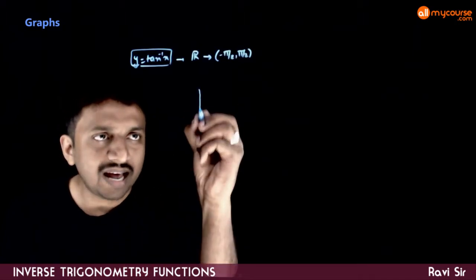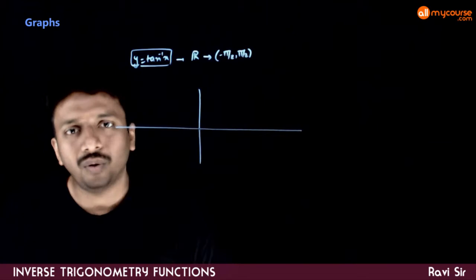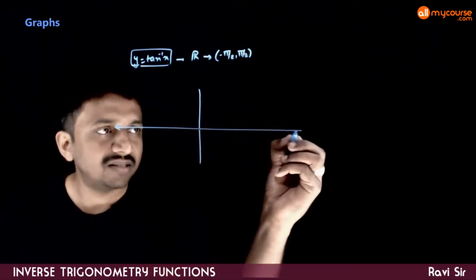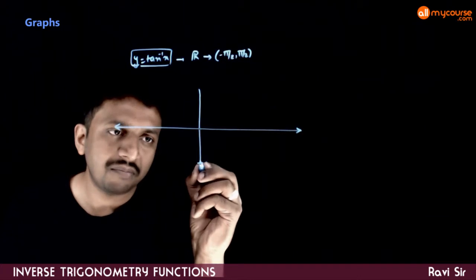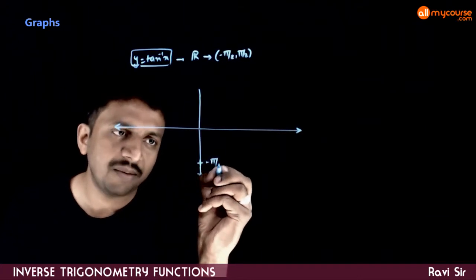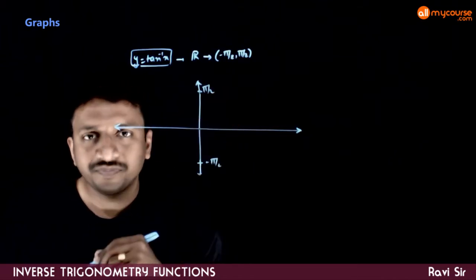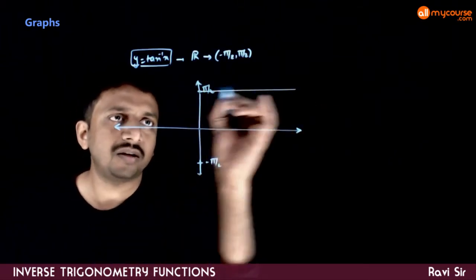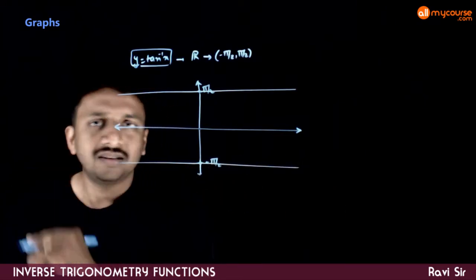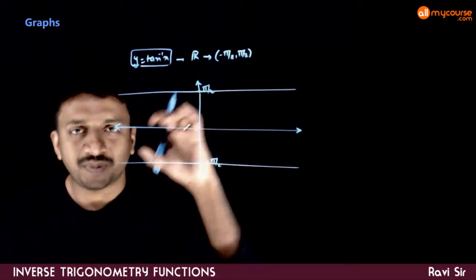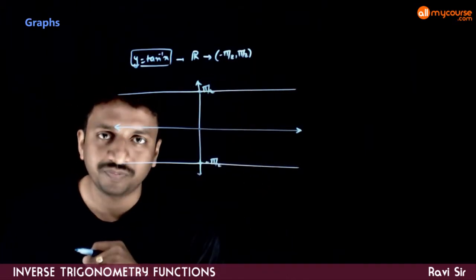So if you take the graph, on the x-axis you have to consider the whole real numbers as the domain, and the range is from minus pi by 2 to plus pi by 2. It means if you draw horizontal lines like this, the graph has to lie within this space because the range is only in between minus pi by 2 and pi by 2.